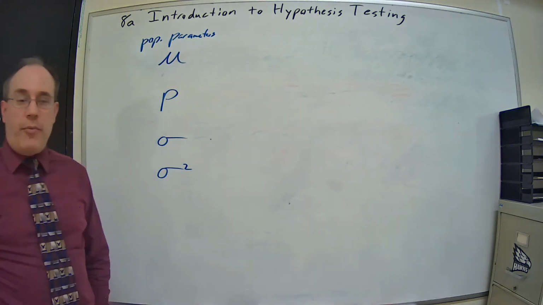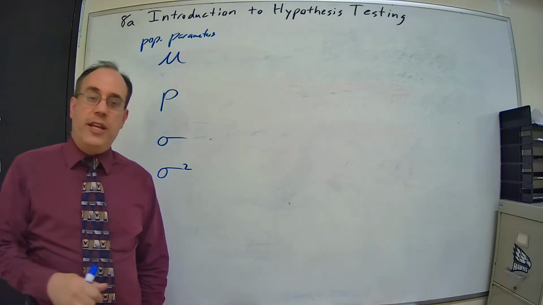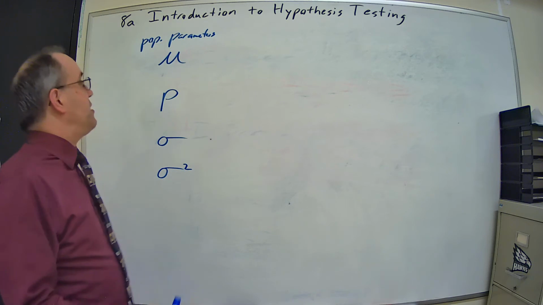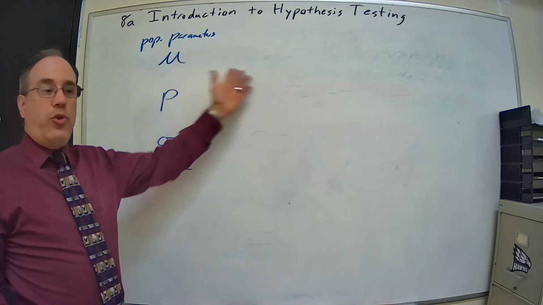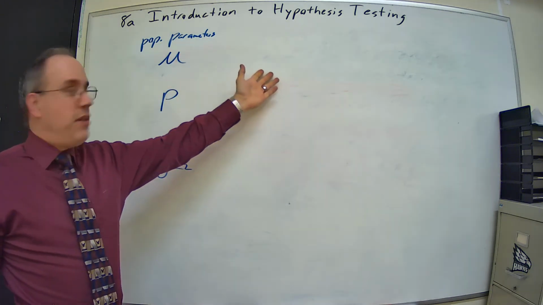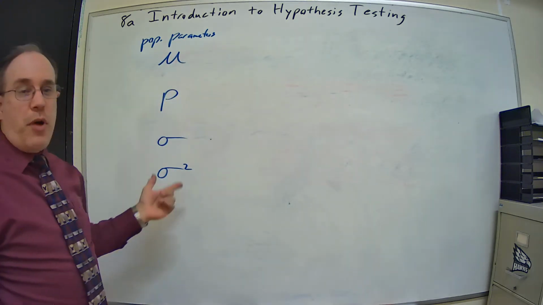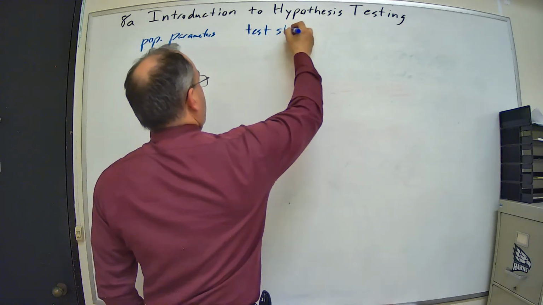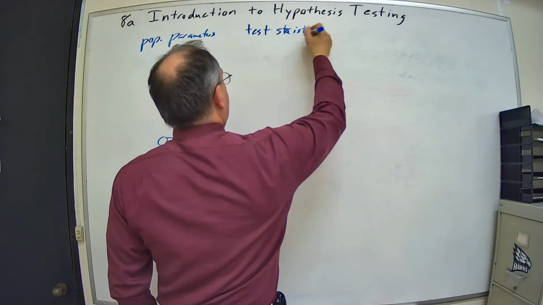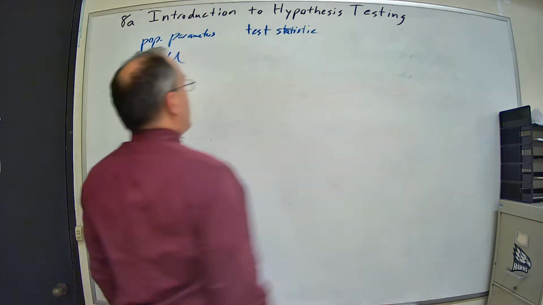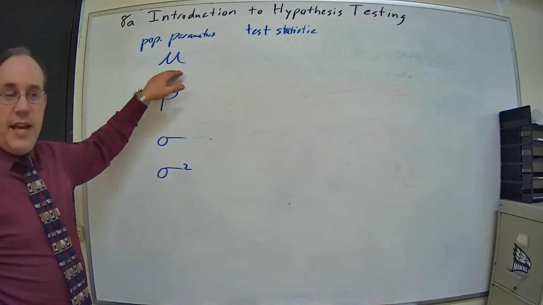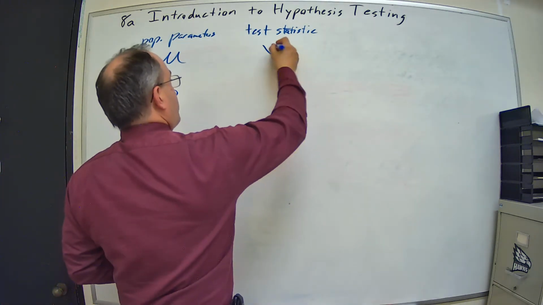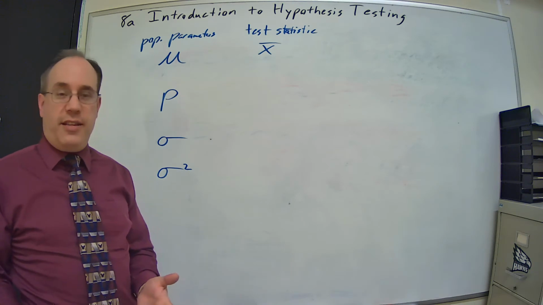The population parameters. And to test a claim, we need a test statistic. Okay? So the test statistic that we'll use is the equivalent sample statistic of these population parameters. So I'm going to call this test statistic. If we're trying to test a claim about a population mean, then we're going to use a sample mean to test it.